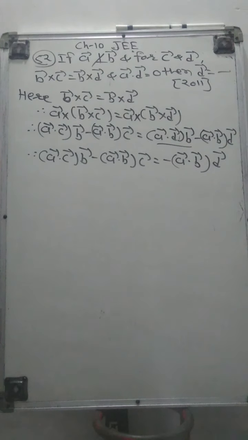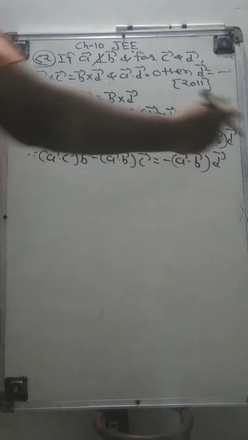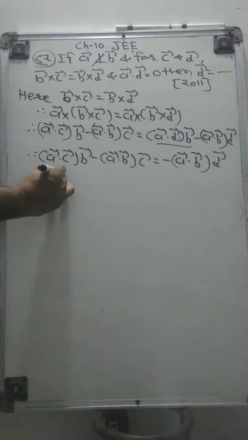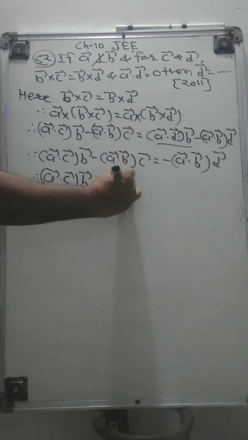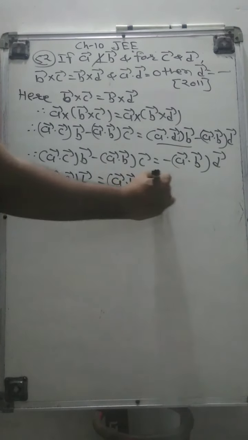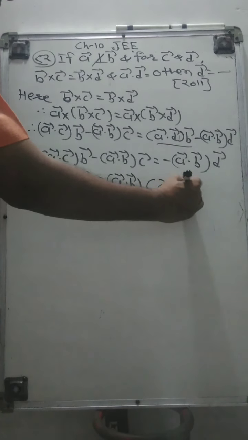Now we take the terms with c bar and d bar together. So we have a dot c into b bar is equal to a dot b and here c bar minus d bar is there.